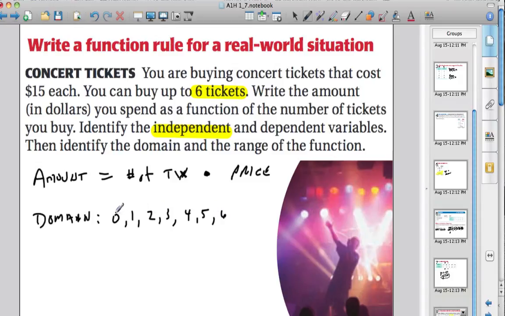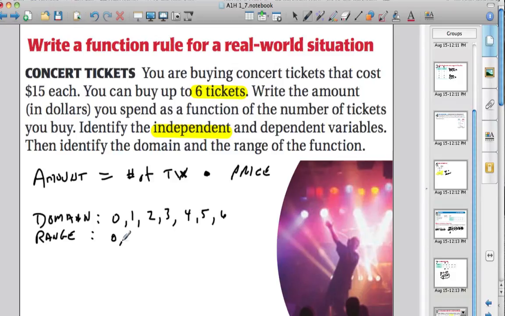I could not go to the concert and I could buy anywhere from 1 to 6 tickets, but I can't buy half a ticket, so it's not a continuous thing, right? These are very discrete. If we look at the range, then the range is going to depend, because again, the range is the output and it depends on the input.